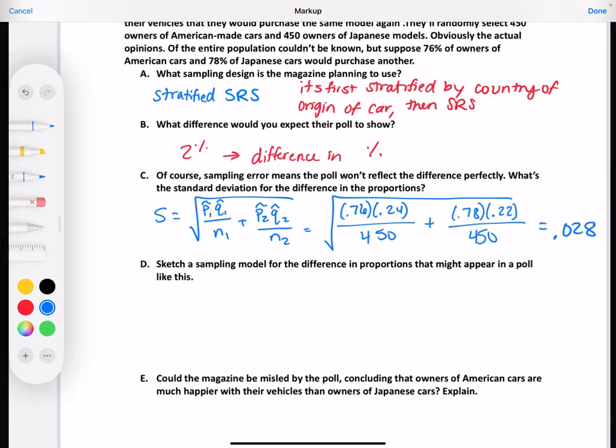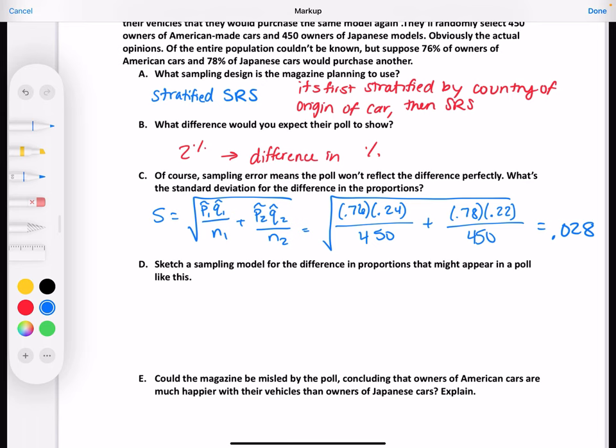So then for the sketch of a sampling model for the difference in proportions that might appear in a poll like this, we're basically just using the empirical rule. So we're solving out 3 standard deviations away.